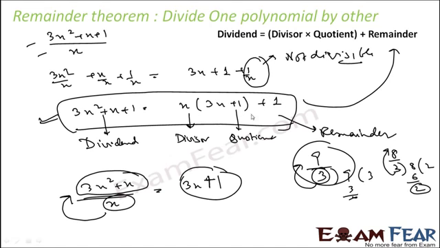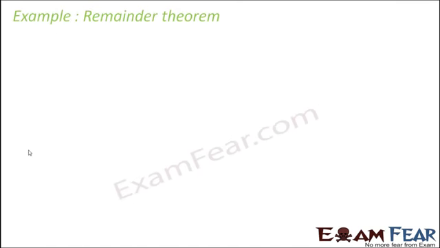But if x is not dividing this polynomial, when you divide by x you get 1 as remainder, so I can say that x is not a factor of this polynomial. Please remember this very critical rule. Let's suppose I have p(x) and q(x). If q(x) divides p(x) with no remainder, I say that q(x) is a factor of p(x). If you divide p(x) by q(x) and there is a remainder, that means you can say that q(x) is not a factor of p(x).